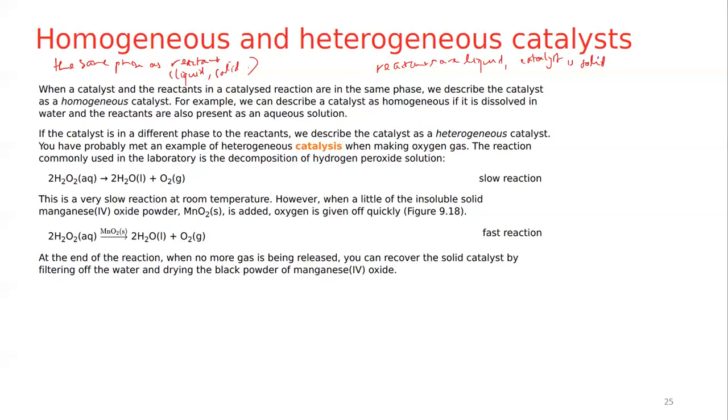So it depends on the kind of chemical reaction that we use. Here you see an example: a reaction commonly used in laboratories, the decomposition of hydrogen peroxide. This one is a slow reaction. But if you add manganese oxide powder as the catalyst, then the reaction takes place very fast. In this case, hydrogen peroxide is liquid, but manganese oxide is solid.